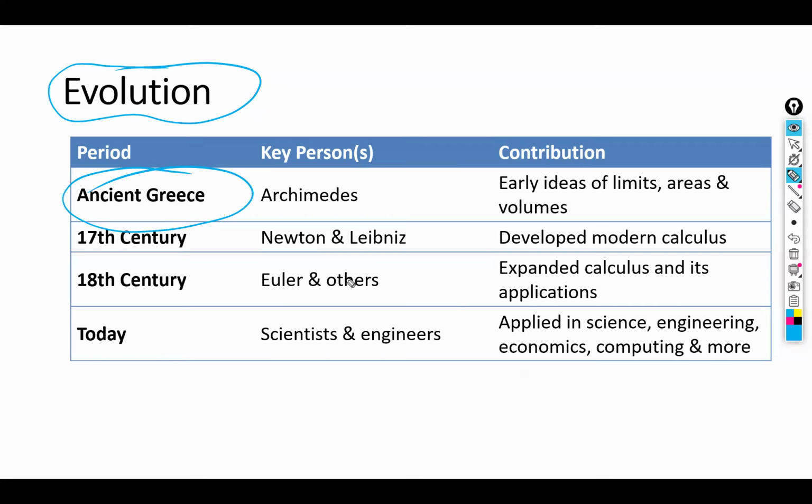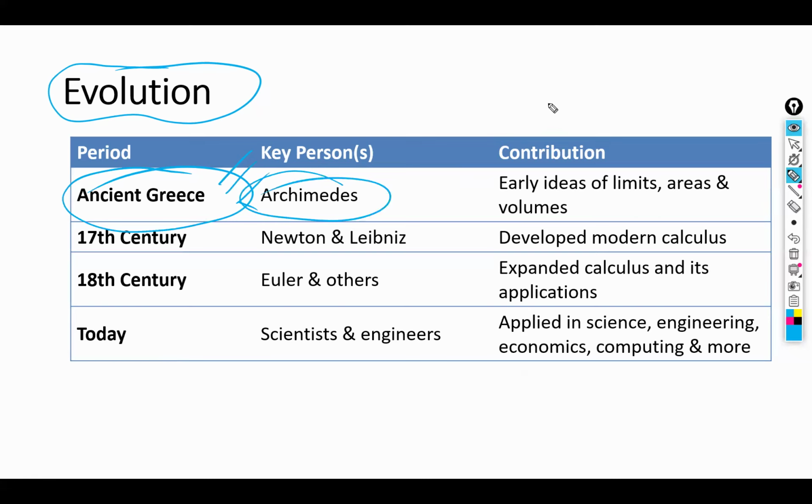Actually, even before ancient Greece, maybe in the era of ancient Egypt, they had thought about these things and tried to build these concepts, but we don't have the documented history. Some documented history comes from ancient Greece, especially people like Archimedes.